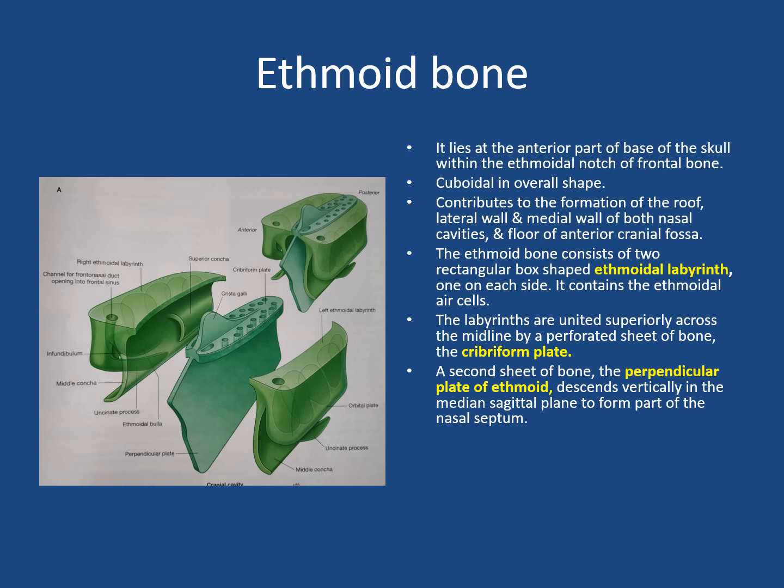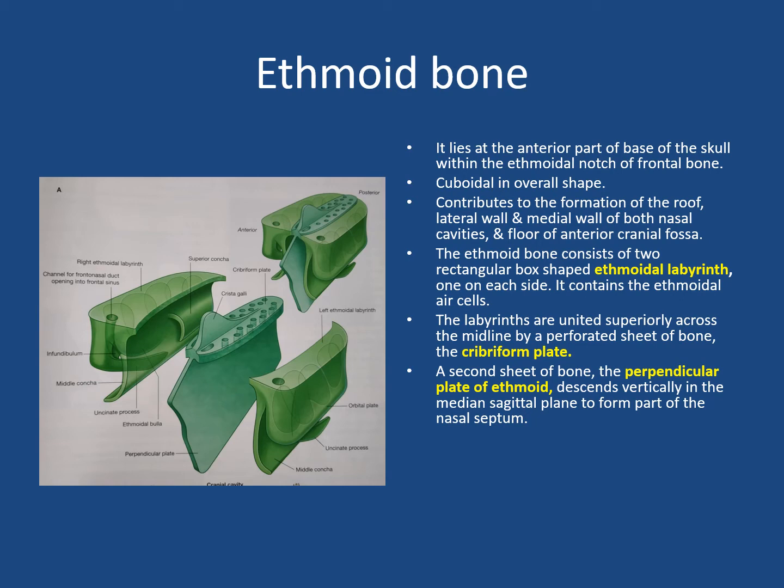So it is cuboidal in overall shape, and it contributes to the formation of the roof, lateral wall, and medial wall of both the nasal cavities, and also the floor of the anterior cranial fossa. The ethmoid bone consists of two rectangular box-shaped ethmoidal labyrinths, one on each side, and this labyrinth contains the ethmoidal air cells.